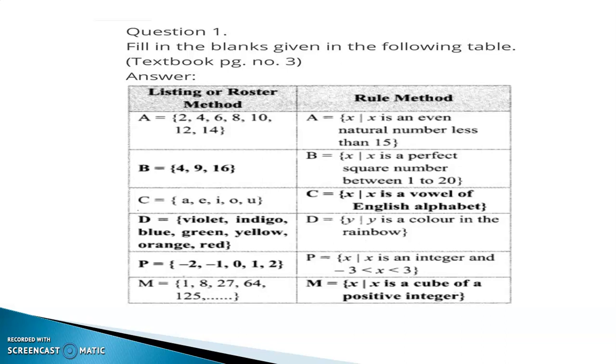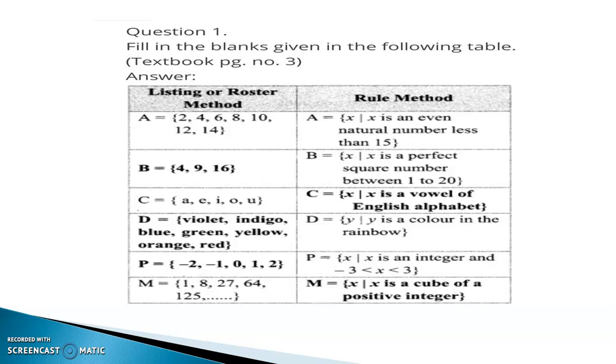Next, P equals to x such that x is an integer and x is greater than -3 and less than 3. This is given in rule method. In listing method, you will write all integers between -3 and 3. So P is equal to -2, -1, 0, 1, 2.